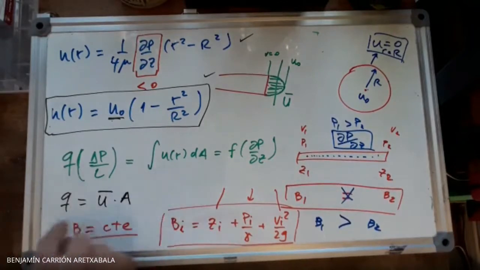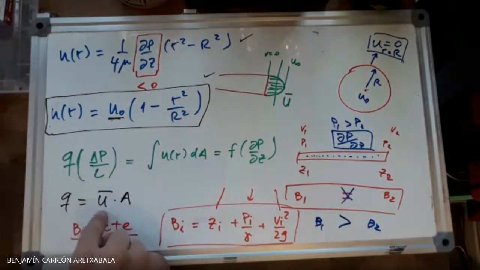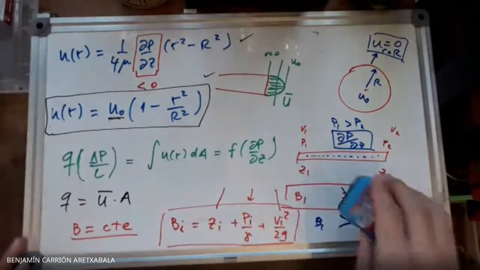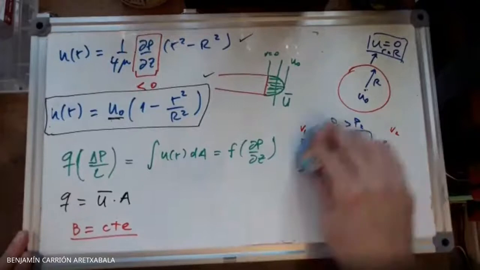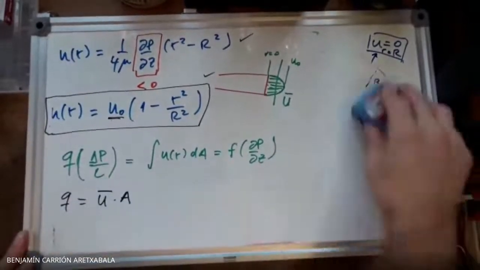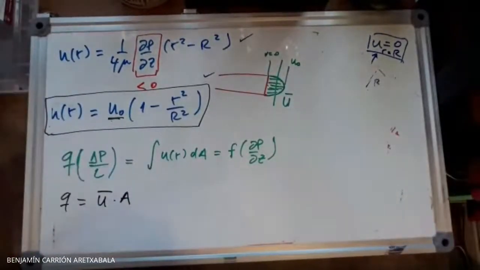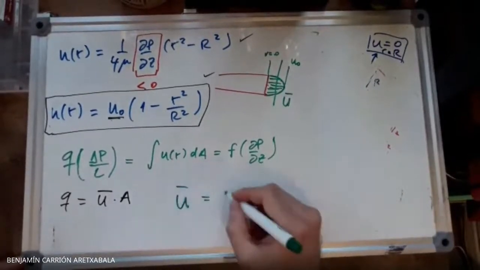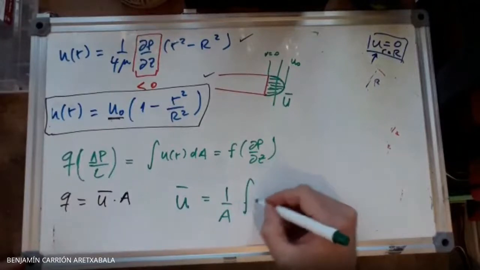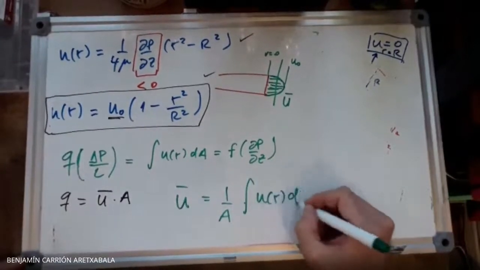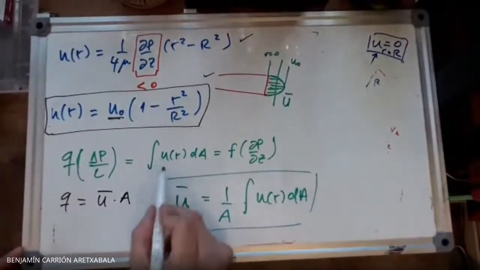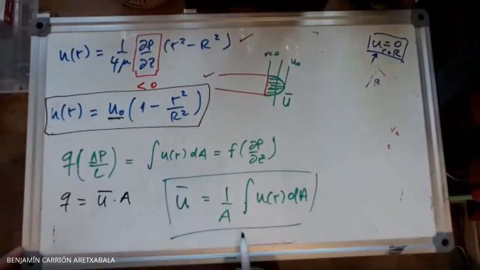The flow is going to be the average velocity times the area, and the average velocity is just 1 over the area times the integral of u(r) dA. So you can compute Q directly, or you can compute the average velocity and then multiply. Is this clear?